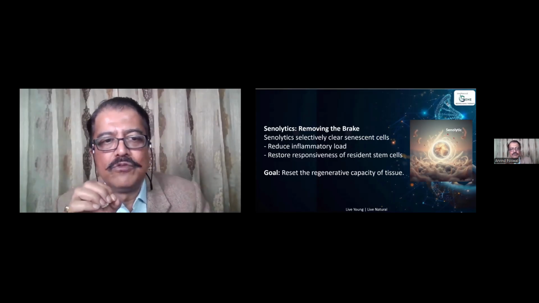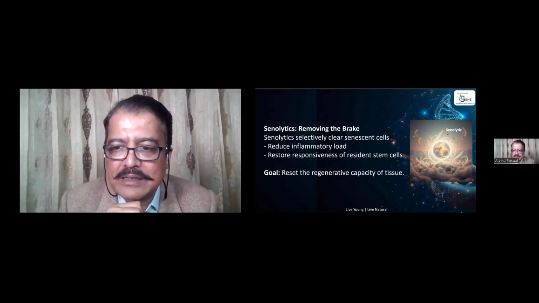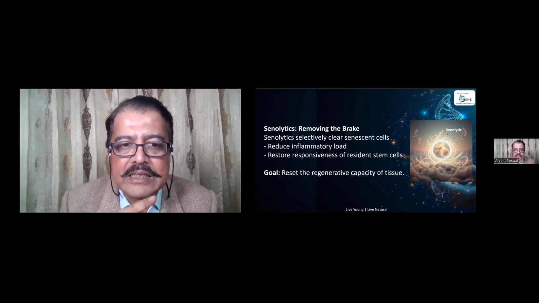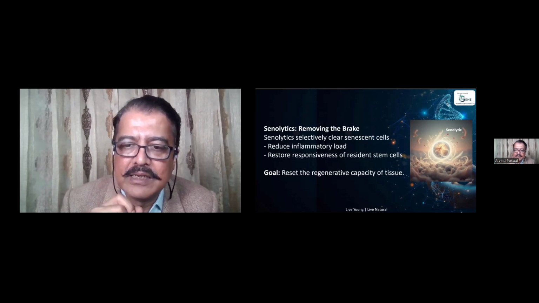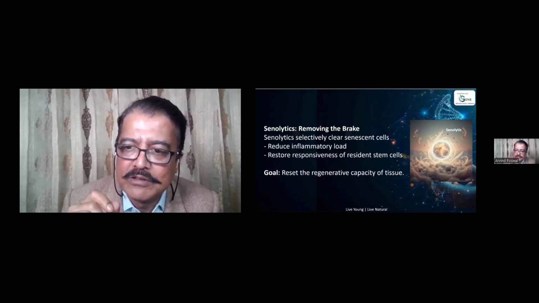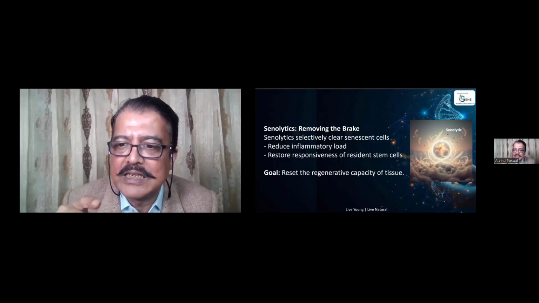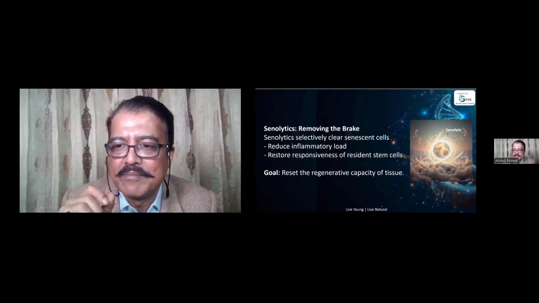Senescent cells are removed by senolytics, as the term is clear, lysis. So senolytics selectively clear senescent cells. As a result, they reduce the inflammatory load because senescent cells were what were making the inflammatory chemicals. And then they restore the responsiveness of the resident stem cells.